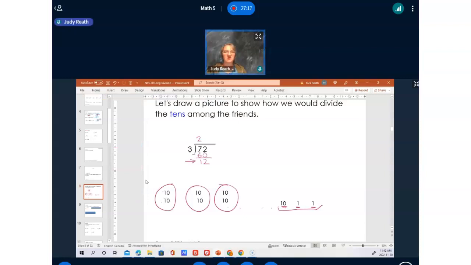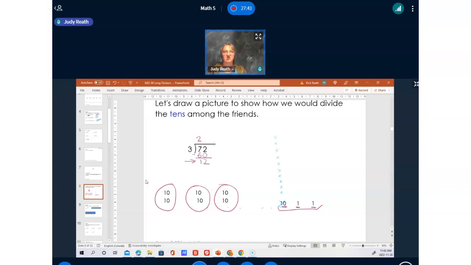So now we have 12 things, but we can split this 10 up into ones, right? So now instead of having 10, we can say we have 1, 2, 3, 4, 5, 6, 7, 8, 9, 10. And we can put those things into groups of 3.